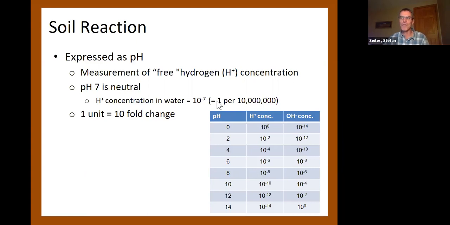So there's 1 free hydrogen cation in 10 million molecules of water. And also notice that when we change from one pH unit to another, that's a 10-fold change. So a pH 4 is 10 times more acidic than pH 5. So it's a 10-fold change there. Okay.